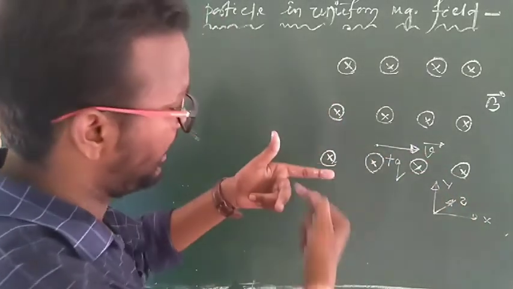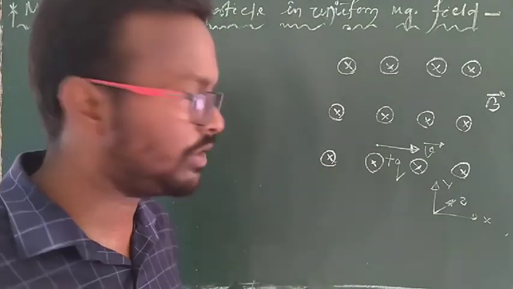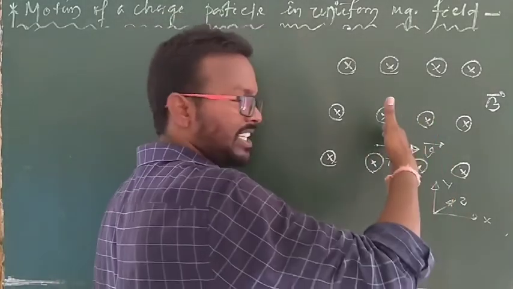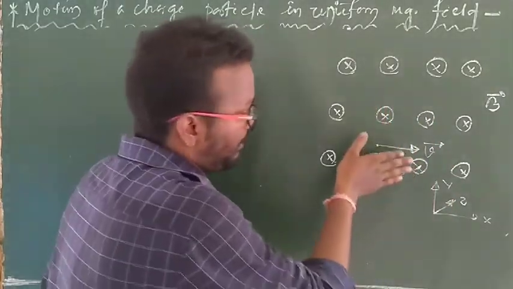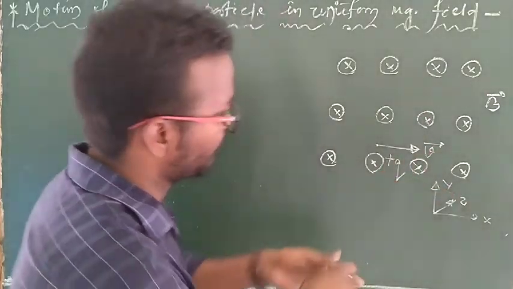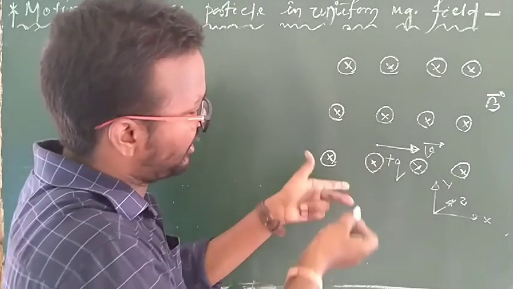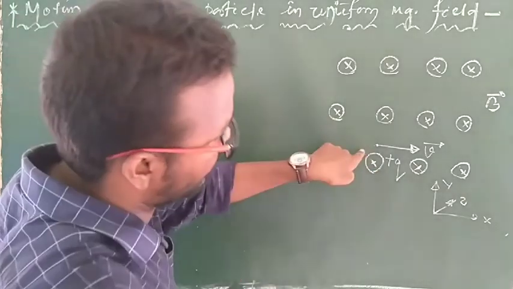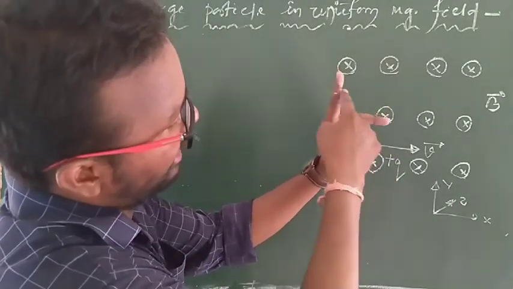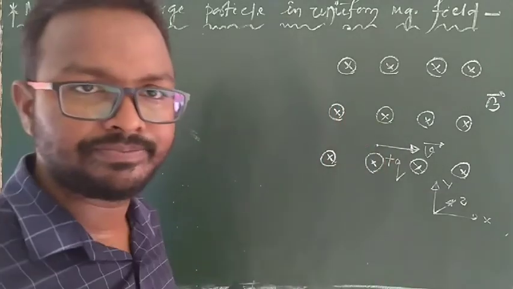Clear? We know the x axis, y axis and z axis are mutually perpendicular. So the angle between the magnetic field and the velocity of the charged particle is 90 degrees.